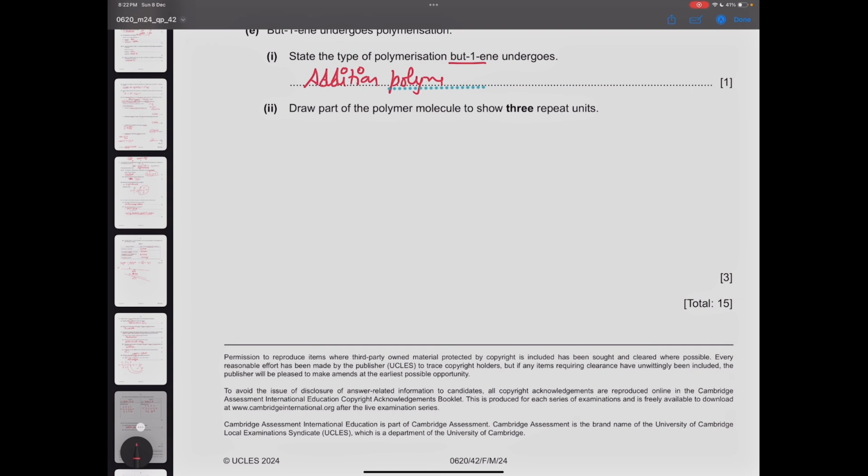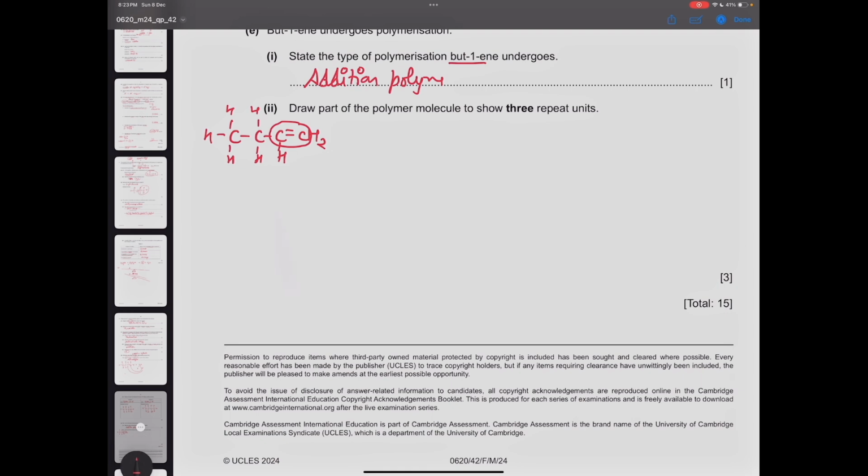So let's draw butene, 4 carbons and a double bond here, then CH2, and the hydrogens. Now we know that addition polymerization takes place from the area of the double bond. Out of the double bond, one bond gets broken, then the chain repeats. So we need to arrange this, and the rest should be in the substituents, right?